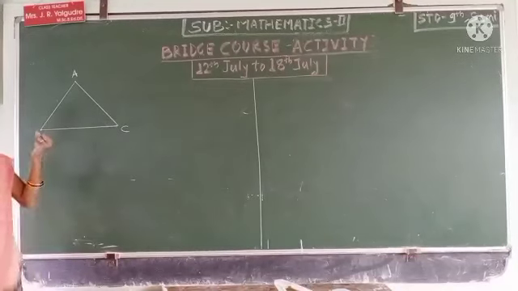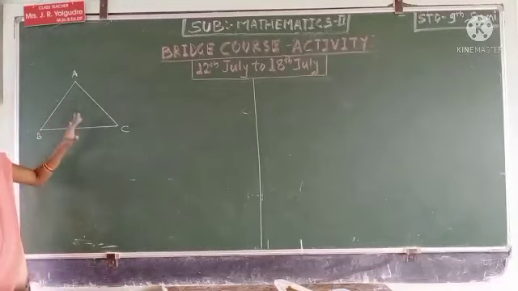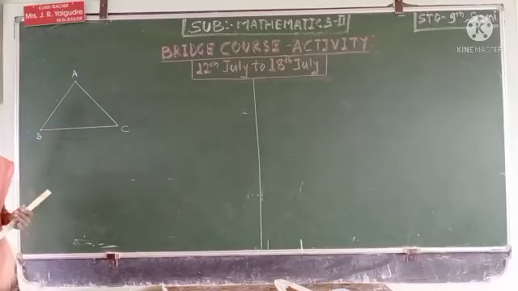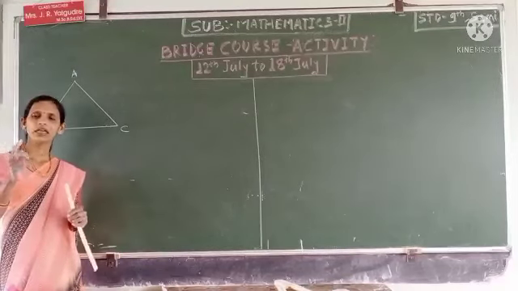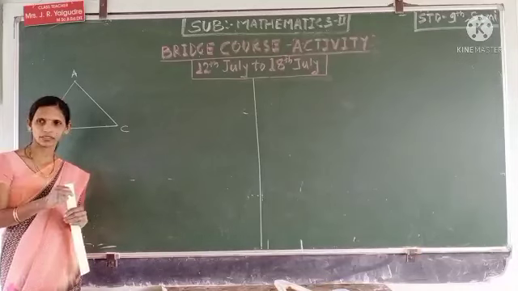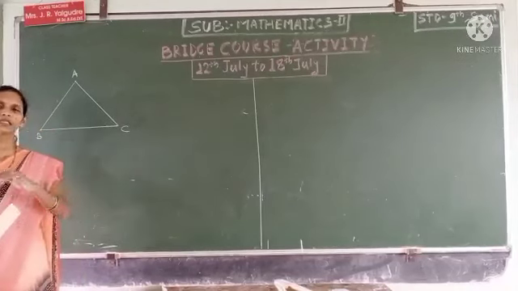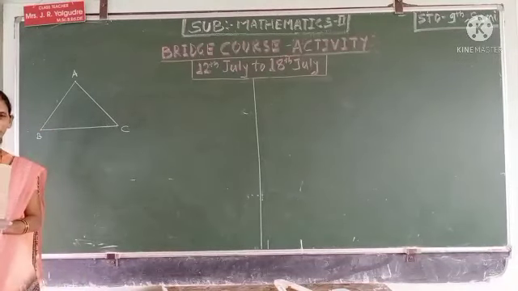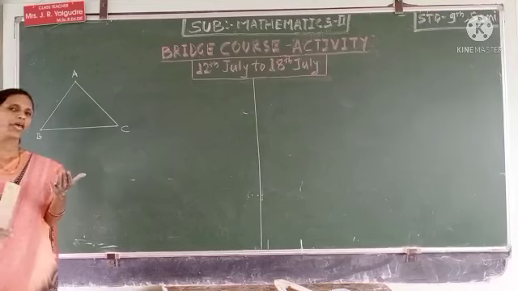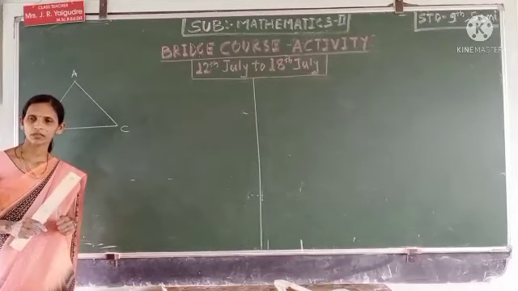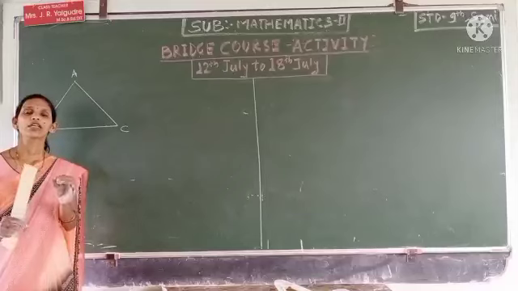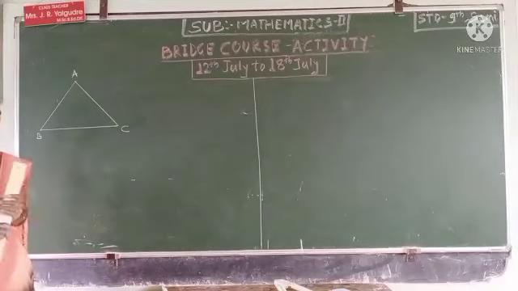Here 6 parameters are related to that triangle, that is 3 sides and 3 angles. Out of these 6 parameters, if only 3 parameters are given, then we can draw any triangle.